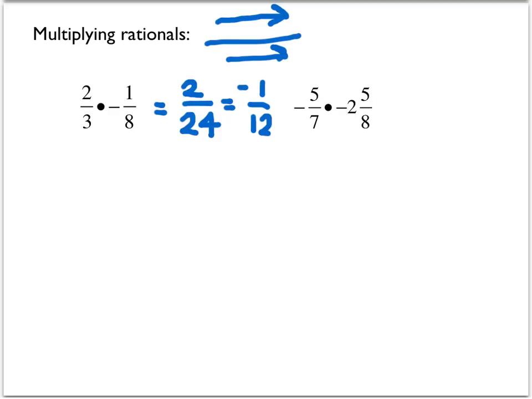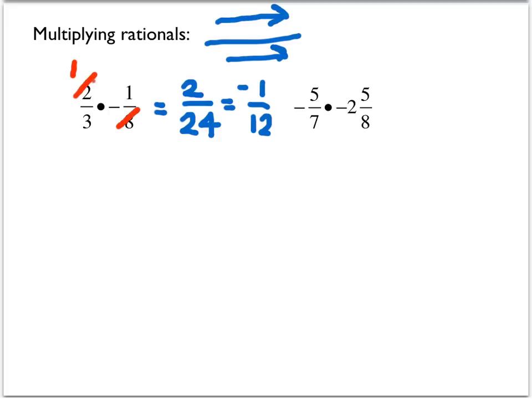Now, what you may have also learned how to do in your mathematical career is something called canceling or reducing. On what I just did here, I reduced at the very end after I had multiplied, but you might want to reduce earlier. For instance, I might notice that 2 goes into 8. And in fact, if I divide this by 2, I get 1.